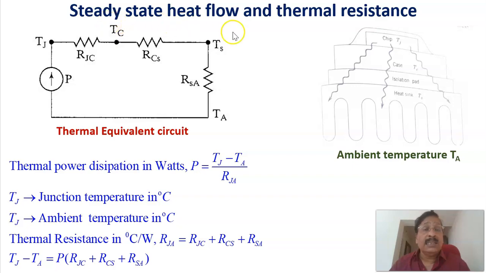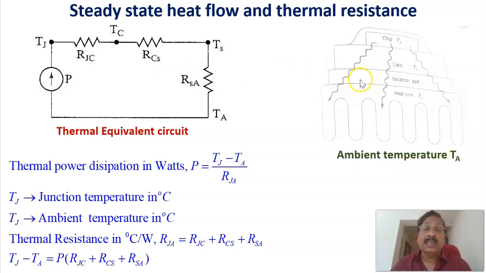Now let us see the steady state heat flow and the thermal resistance. This represents the heat flow from the chip, that is, from the junction TJ to the case, and then to the heat sink and to the ambient temperature. Therefore, the heat flow is in this direction. This is the heat sink, and it is exposed to the ambient temperature TA.